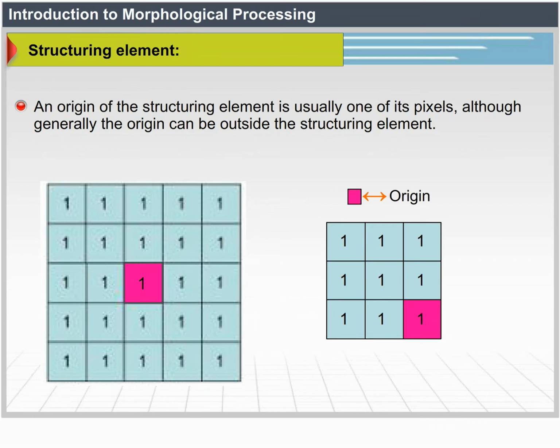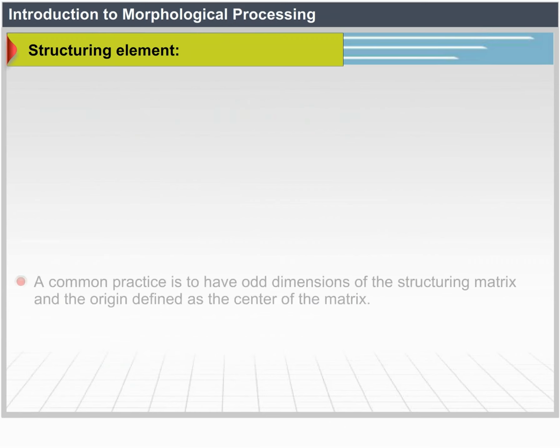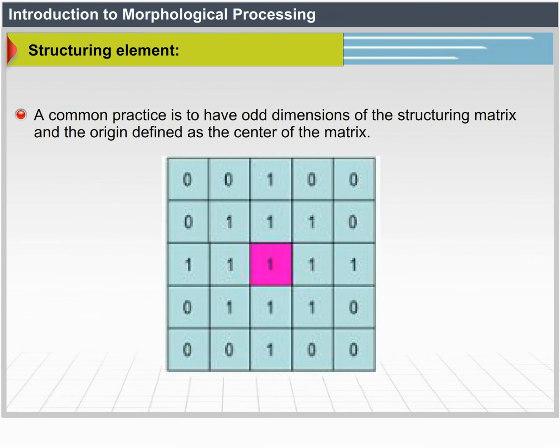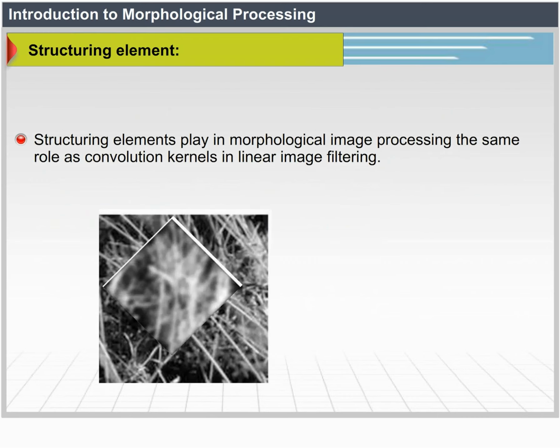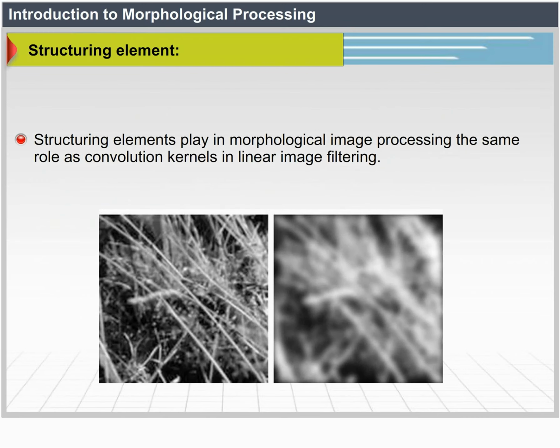Some examples of simple structuring elements: square 3x3 element. A common practice is to have odd dimensions of the structuring matrix and the origin defined as the center of the matrix. Structuring elements play in morphological image processing the same role as convolution kernels in linear image filtering.